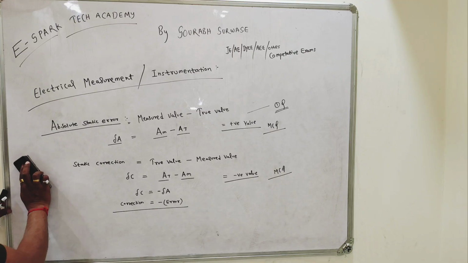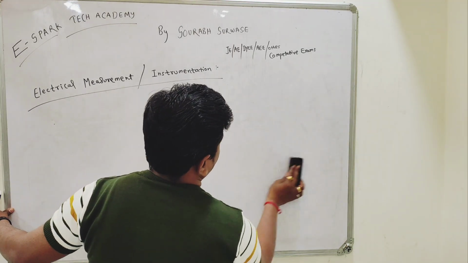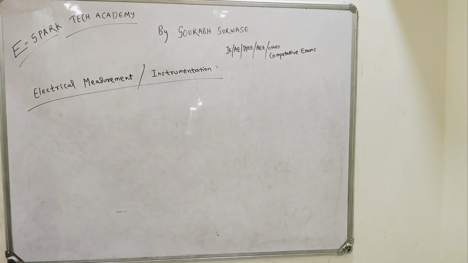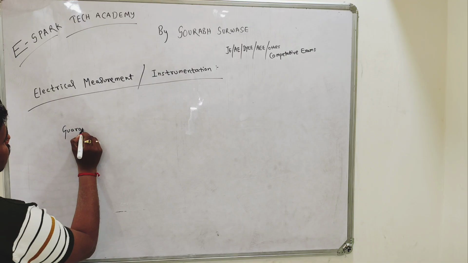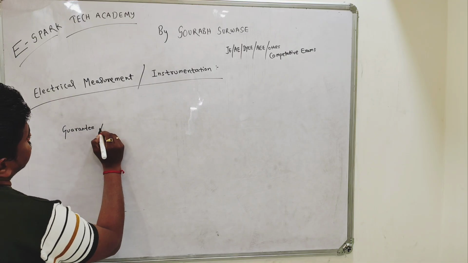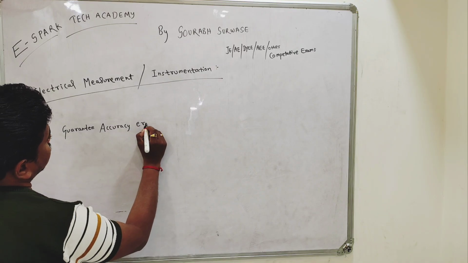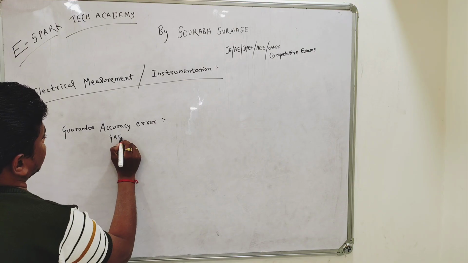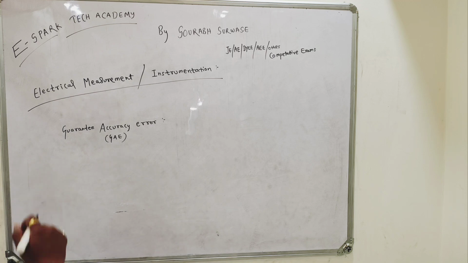Now we will be going through guaranteed accuracy error, which is denoted as GAE. Now, how to calculate this error?